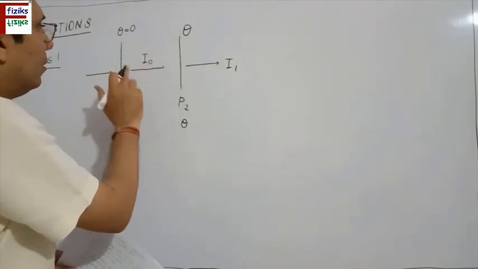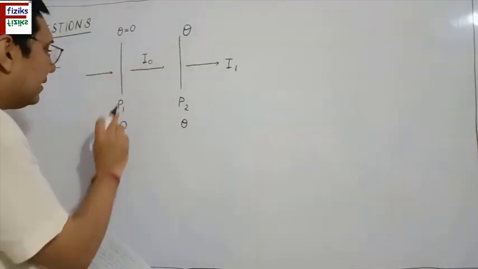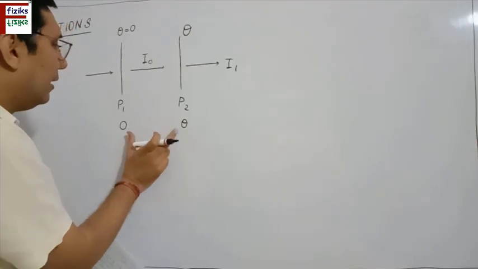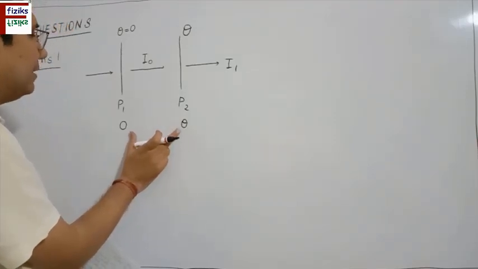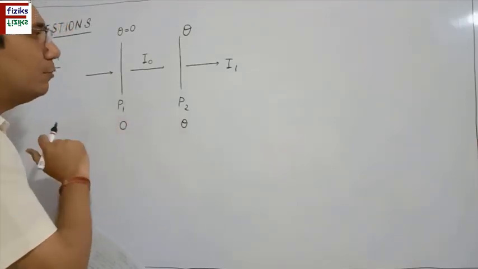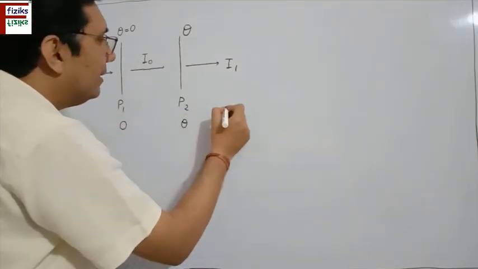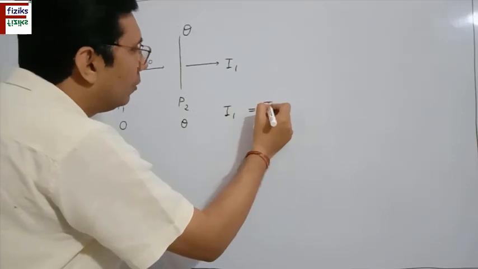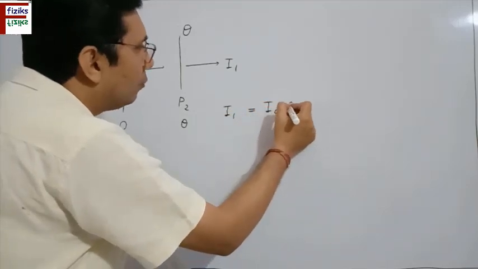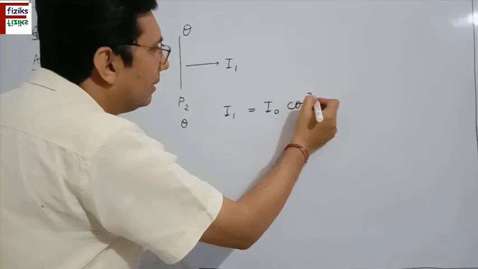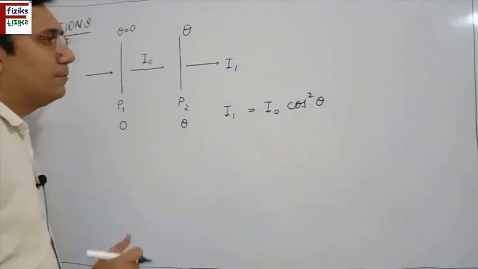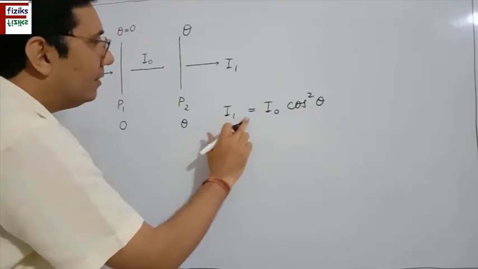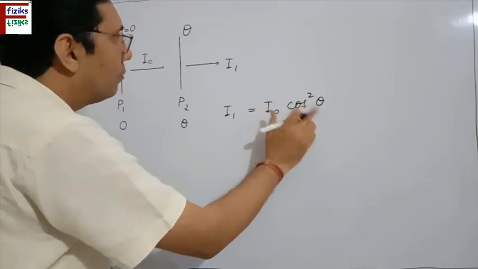The difference between the two pass axes will be theta minus 0, equal to theta. So by using Malus law, I1 will be equal to I0 cos square theta.